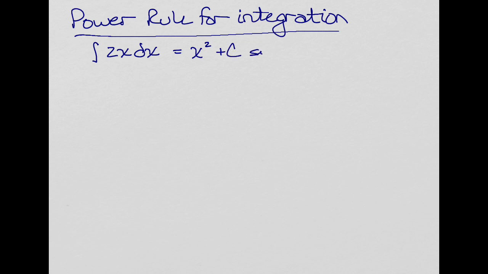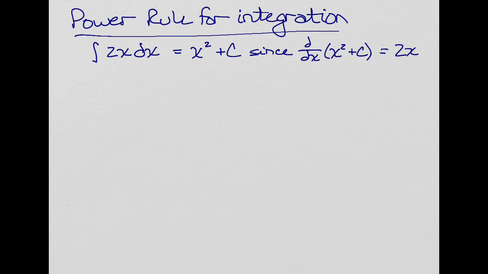And I know that because the derivative of a function that looks like that is 2x, my integrand. What I'd like to do is the same thing we did for derivatives, to come up with some general rules for certain types of functions so that we can expand our vocabulary of functions whose antiderivatives we can find easily.